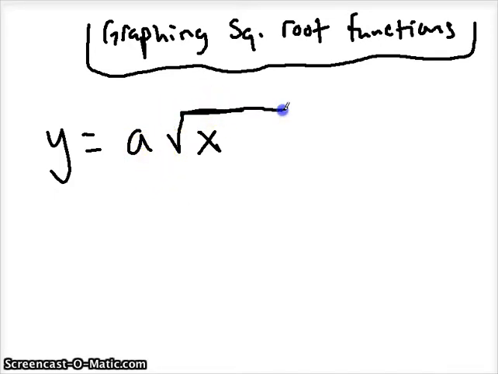And we can complicate it further if we add some more elements here. So much like in our other graph functions, we have an h and a k, and those represent shifts in our graph.